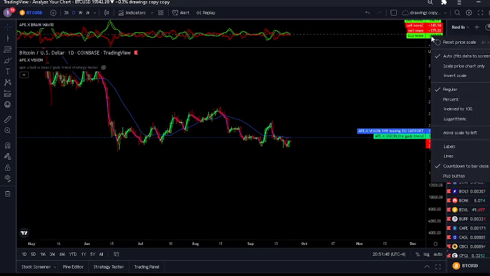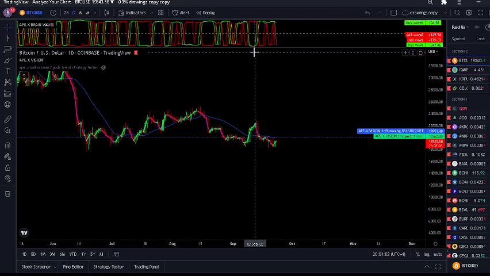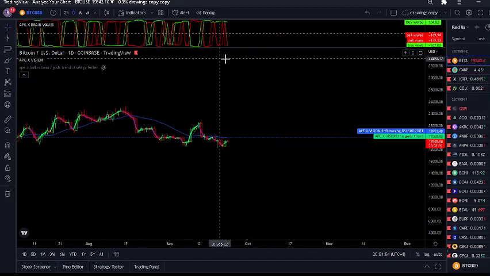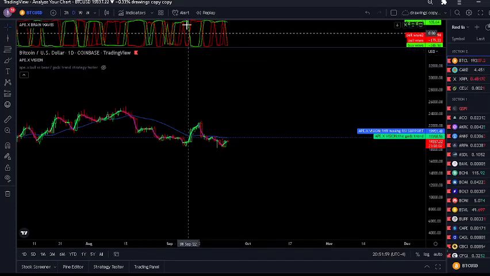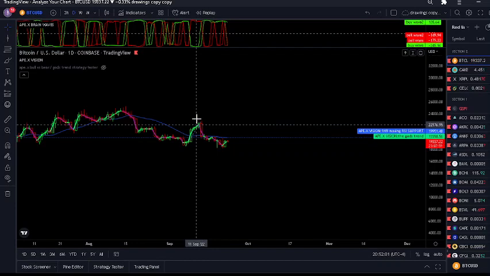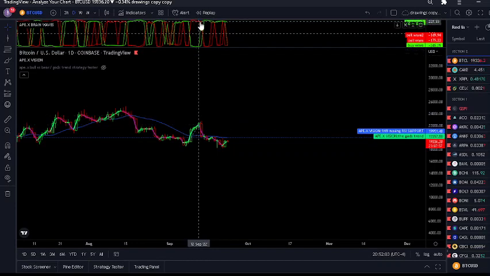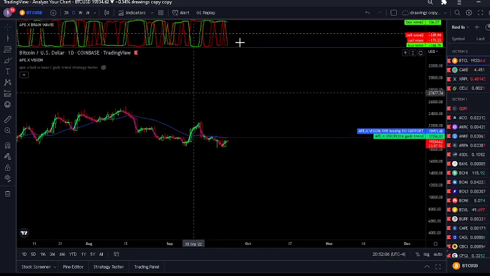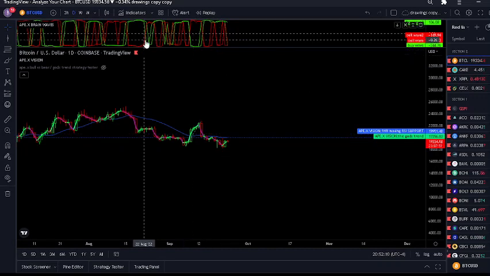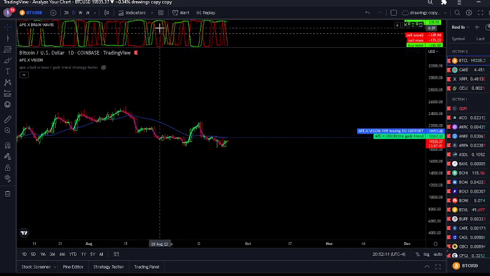How I use it is logarithmic, and bam, once the green line is pushed down, it becomes a buy. Once the red line comes down, it's a sell. And this is the most accurate version of the indicator. This is how I initially set it up.